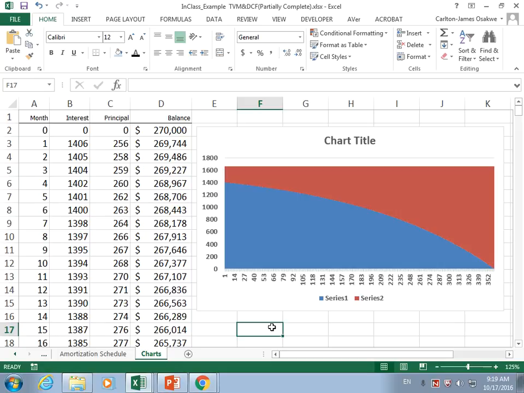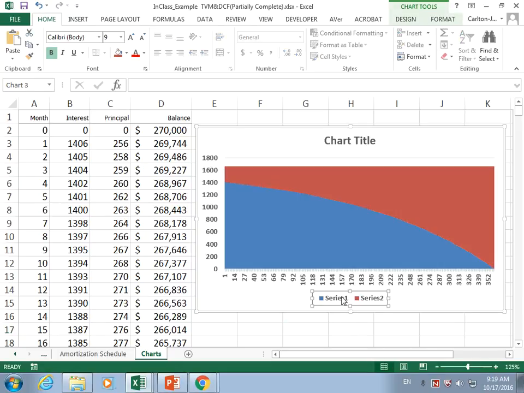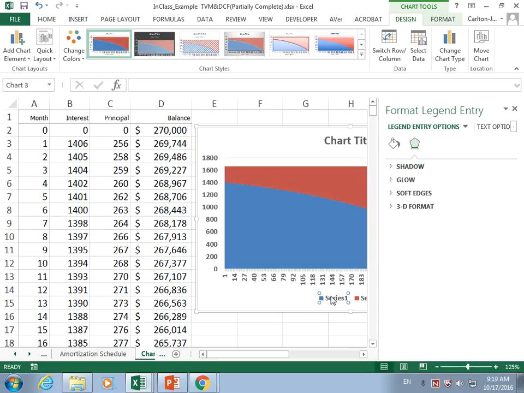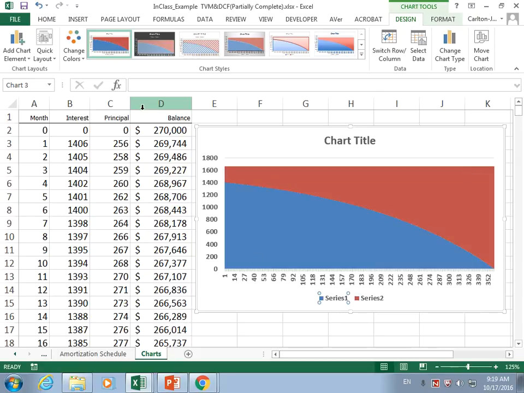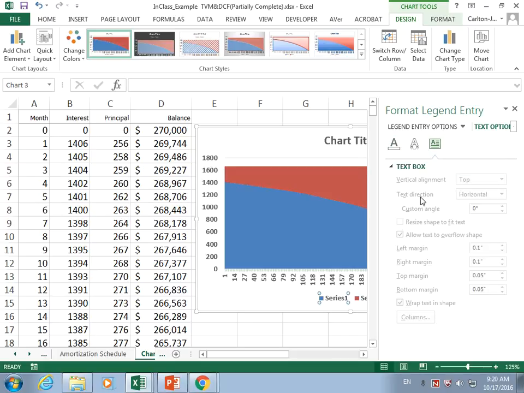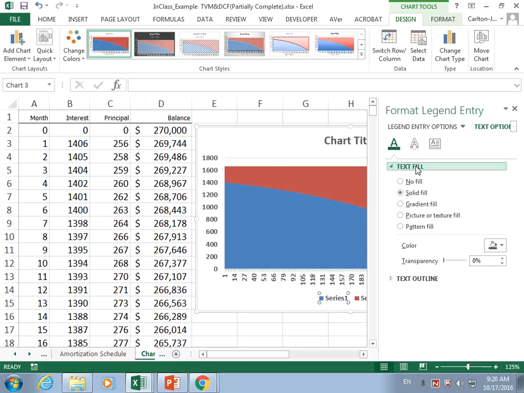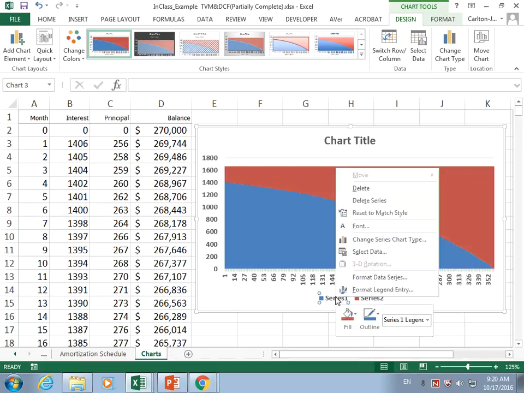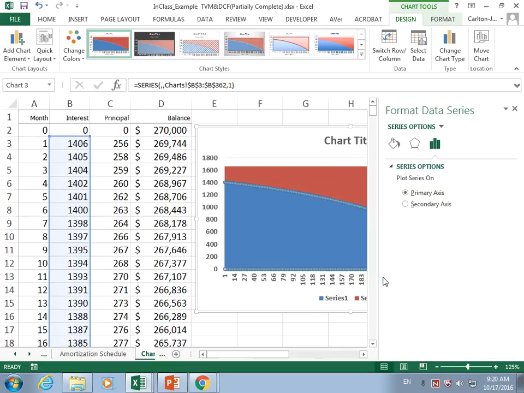You can put then your series 1, of course. Text option. Text box. Format data series.